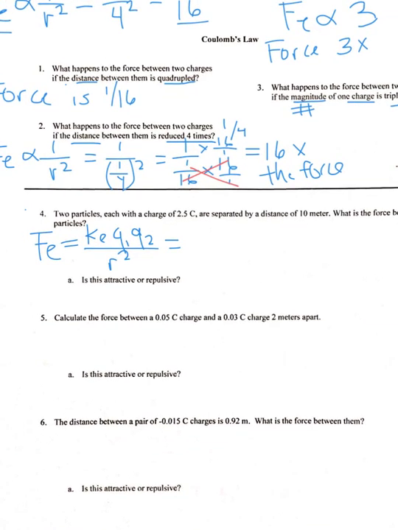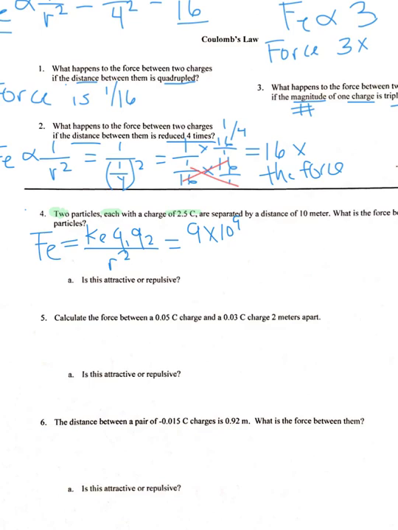Okay, so we're going to start with that. 9 times 10 to the 9th times each of the charges. Well, they tell you that there are 2 particles. So 2 particles here, and each has a charge of 2.5.